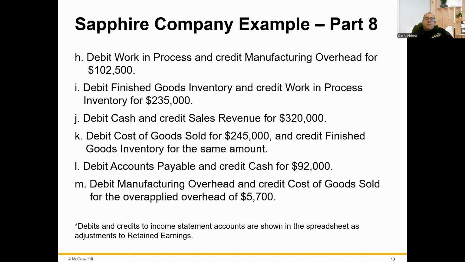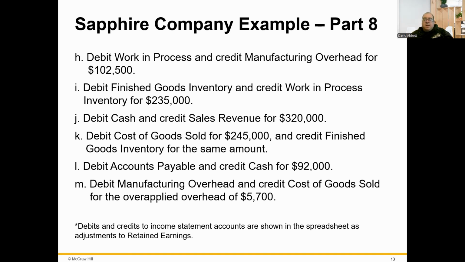We would debit our finished goods inventory and then credit work in progress inventory for 235,000. We would debit cash and credit sales revenue for 320,000 for what they sold and was paid for to cash sales. We would go ahead and debit cost of goods sold for 245,000, credit finished goods inventory for the same amount, debit accounts payable and credit cash for 92,000.